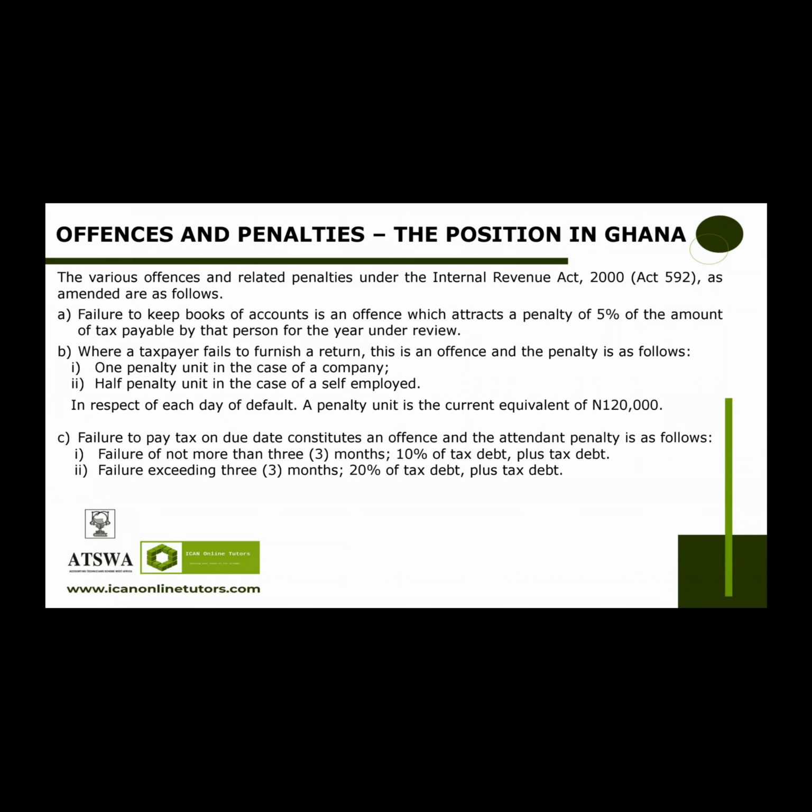Making false and misleading statements is an offense in Ghana, and the related penalty is as follows. Where the misleading or false statement is made without reasonable excuse, the penalty is double the underpayment of tax which may result if not detected.